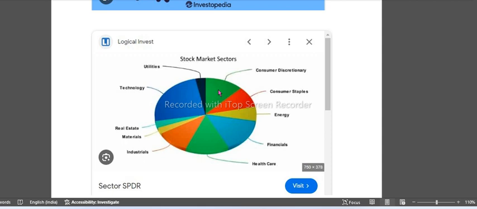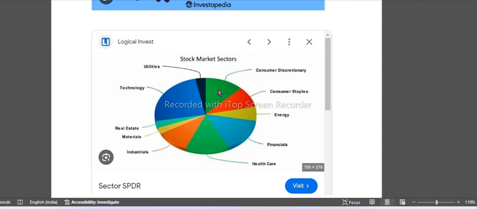If you take a banking sector ETF, it has only banking sector and financing sector stocks, and you can invest in that ETF.